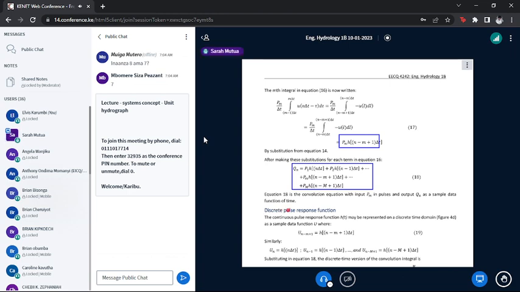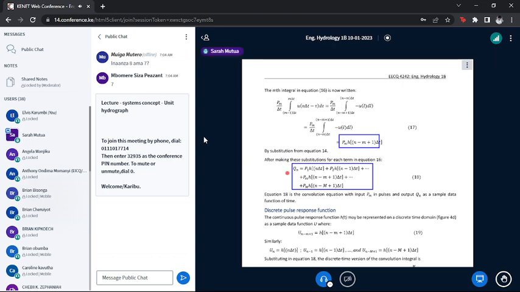Let us also look then at, so we have looked at the linear system in discrete time. So here in equation 18, we are seeing the relationship between discharge and rainfall in discrete time.